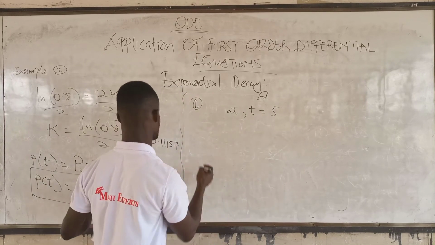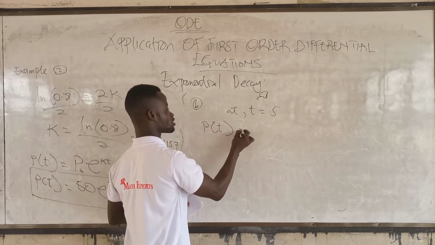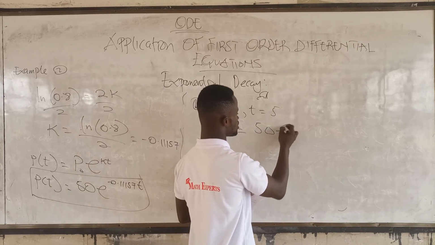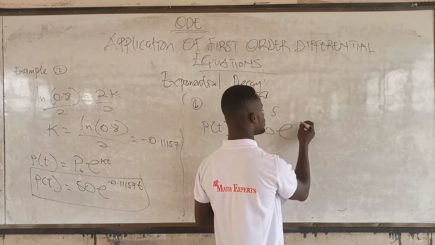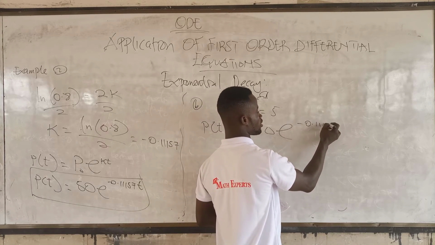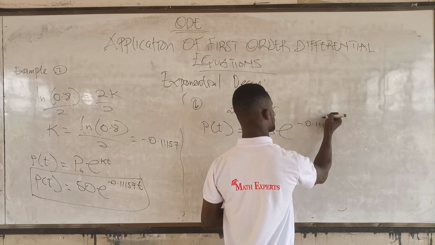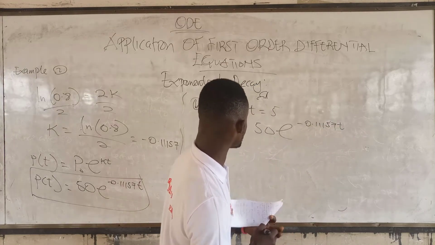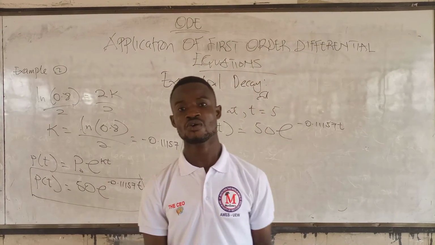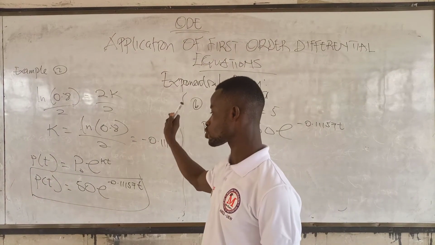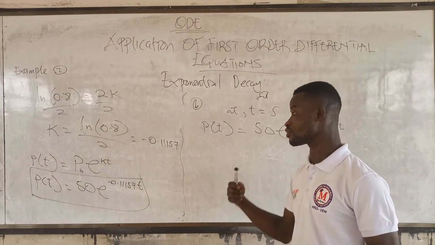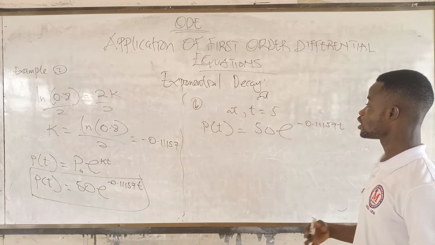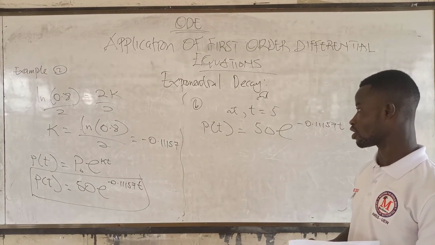So P of t is equal to 50 e raised to the power negative 0.11157t. So you can see that we are using this to get it. So if your k is wrong, everything is going to be wrong. In fact, I mean the constant of proportionality. If you get it wrong, everything is going to be wrong.